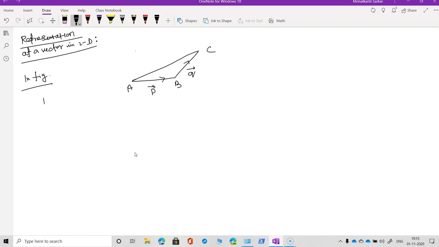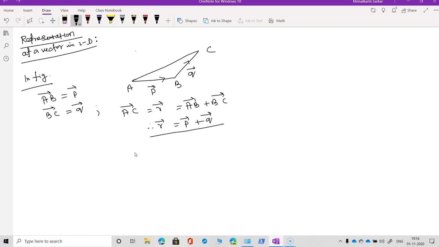So in figure, the side AB of the triangle ABC will represent vector P, BC will represent vector Q, then AC is equal to R, so R is equal to P plus Q. Okay.